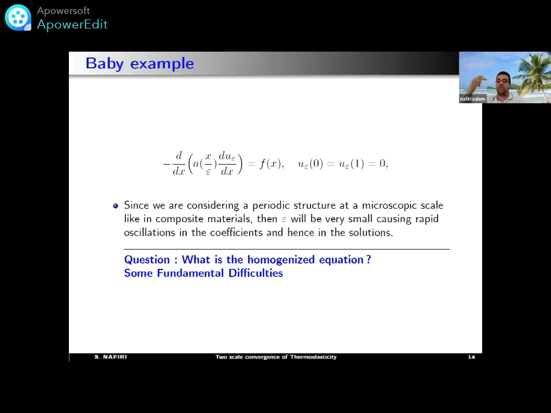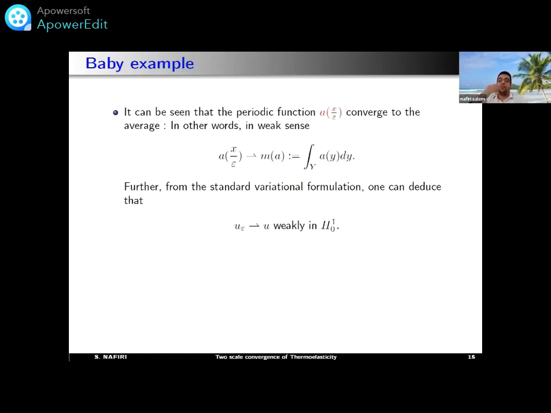Okay, so what is the homogenized equation? There are some difficulties that we encounter once we talk about convergence for this kind of problem. It can be seen that since A_epsilon is periodic, it will converge weakly to the mean of this function.